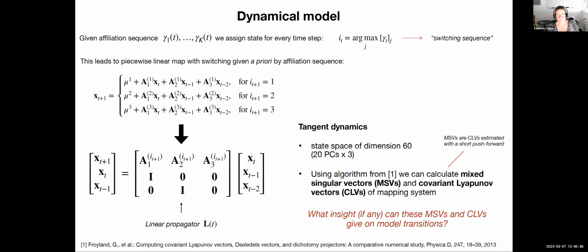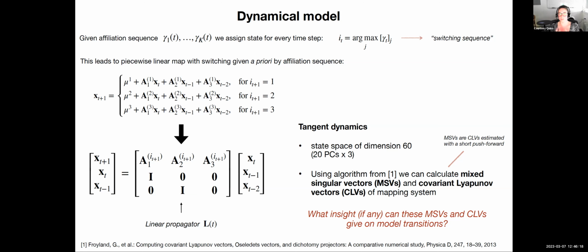Now I'll show you how we created our dynamical model. We've put our method through our optimization system, and we've got optimal parameters and an affiliation sequence for every day. So we assign our system to the max affiliation on each given day; whatever the max affiliation was, that's the state we say it's in.